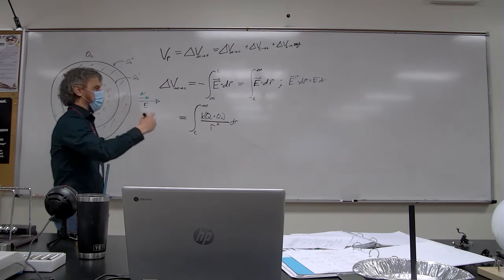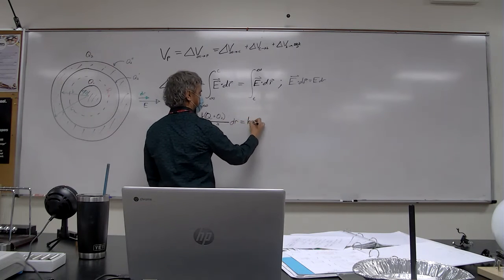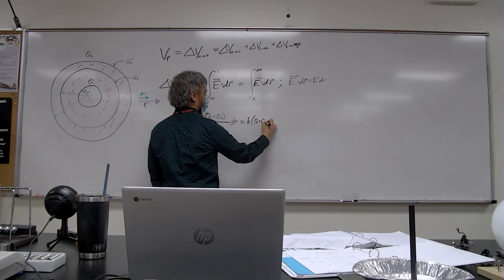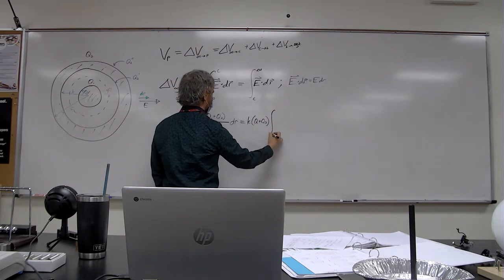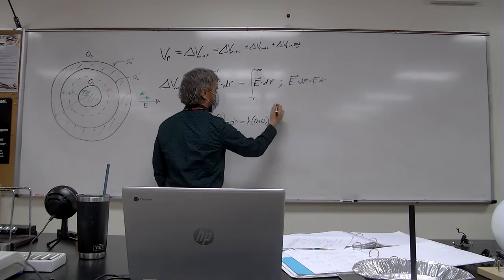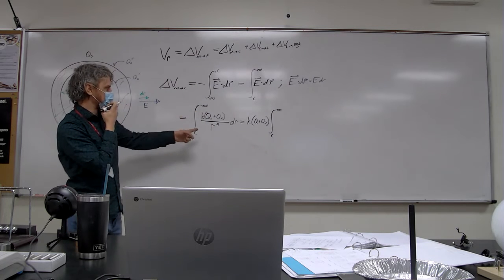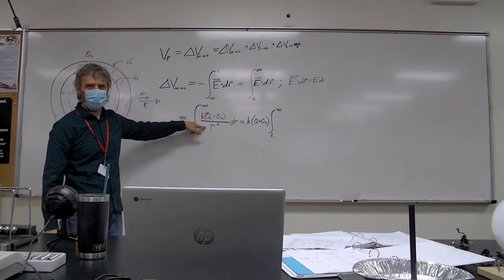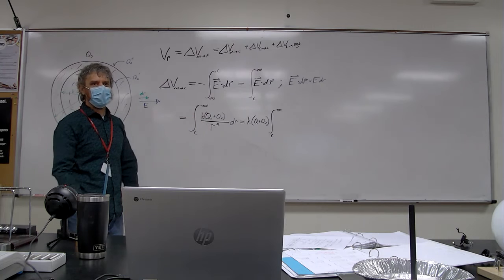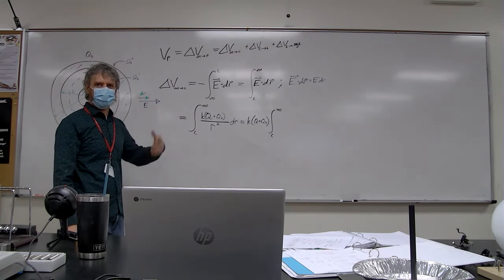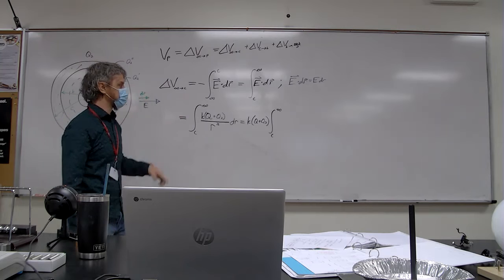And then we can pull out the constants: K times Q1 plus Q2 times the integral from C to infinity. When I do this integral, when I have a variable in the denominator, I like raising it to the negative power and putting it in the numerator. Makes it easier for my brain to see the integral.